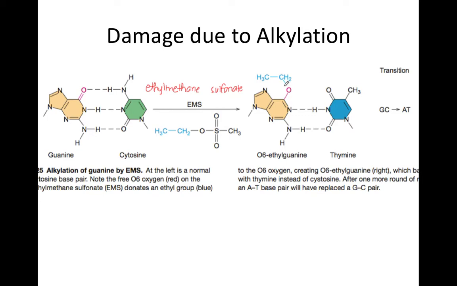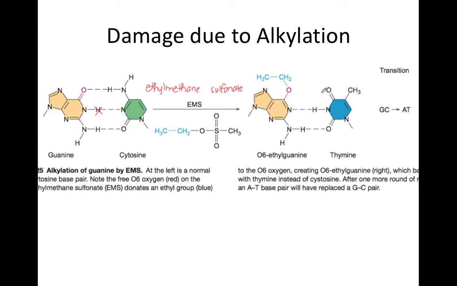Because this oxygen has been alkylated, the double bond from here has now become a single bond. As such, this bond here forms. So now your nitrogen here does not contain this H anymore, and because of that, it cannot hydrogen bond with cytosine either.